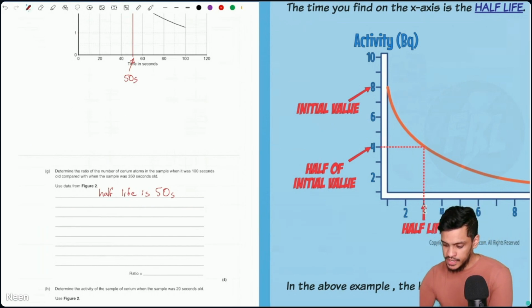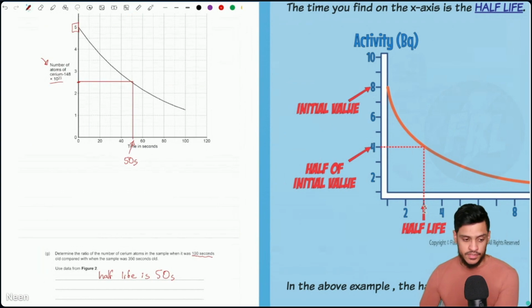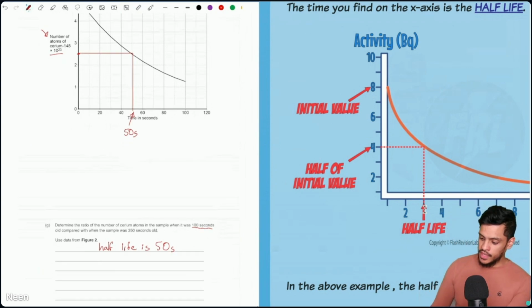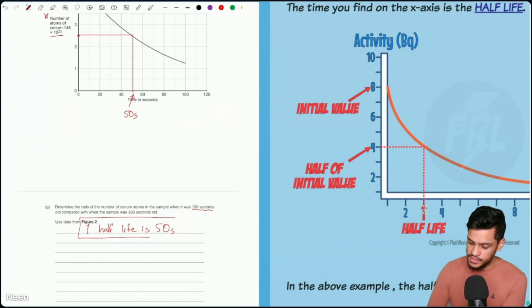The question's asking, determine the ratio from when it was 100 seconds old compared to when it was 350 seconds old. So to work out how many cerium atoms there were when it was 350 seconds old, you need to work out how many half-lives there are in 350 seconds. So 1 half-life is 50 seconds.